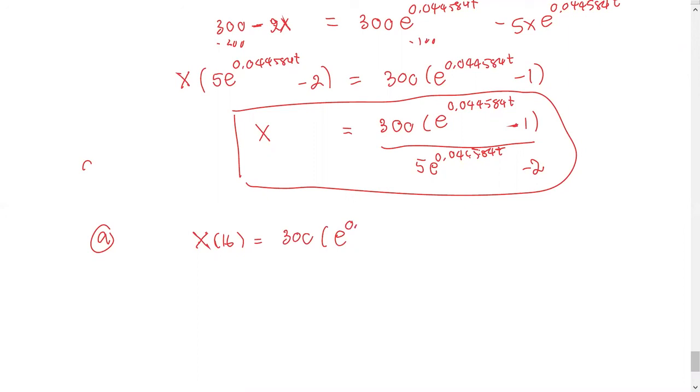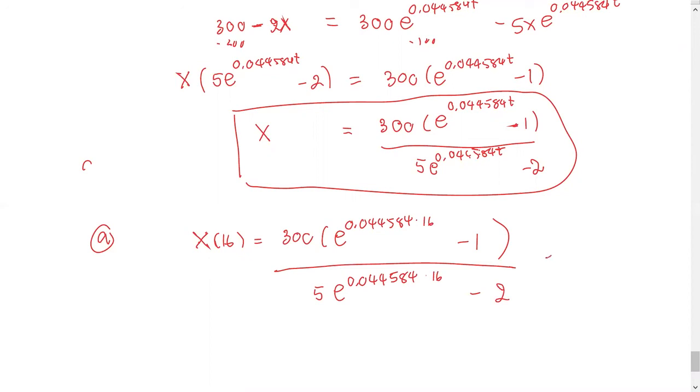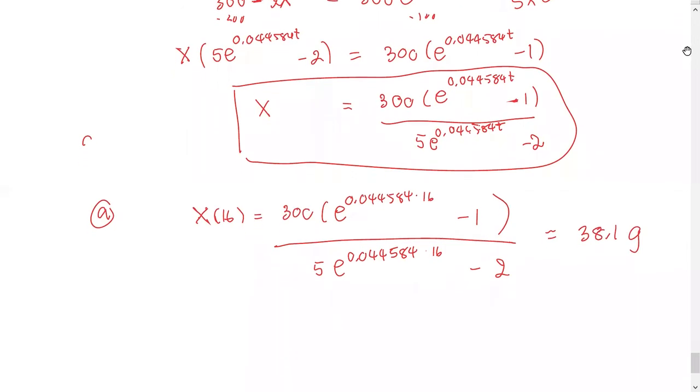You're going to need the calculator no matter what. Times 16 minus 1 divided by 5 e to the 0.044584 multiplied by 16 minus 2. The number will come out as 38.1 grams. So it will form 38.1 grams after 16 minutes.